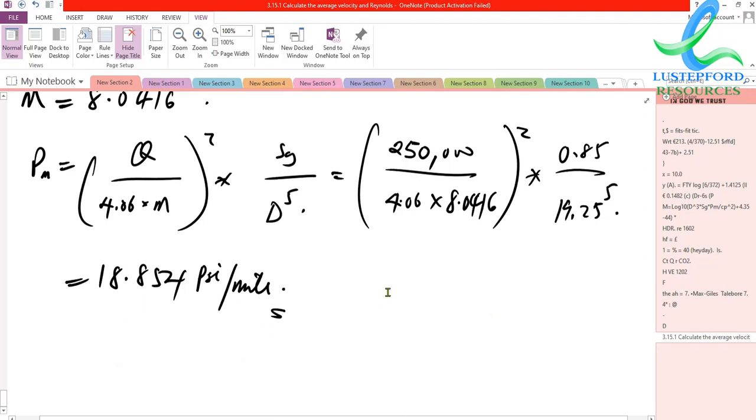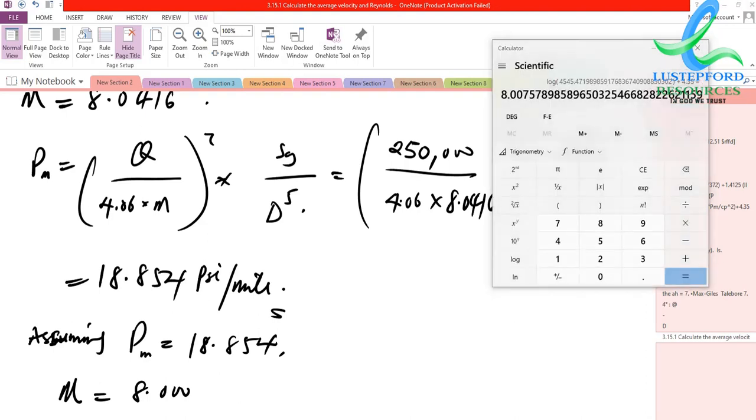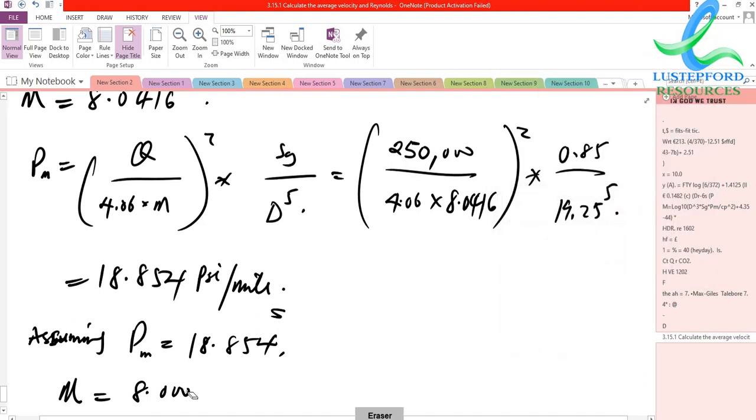So assuming PM is equal to 18.854, M now becomes 8.0076.